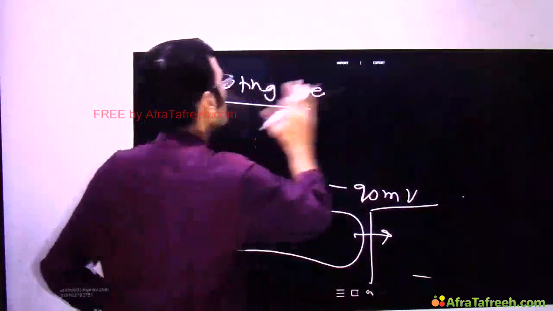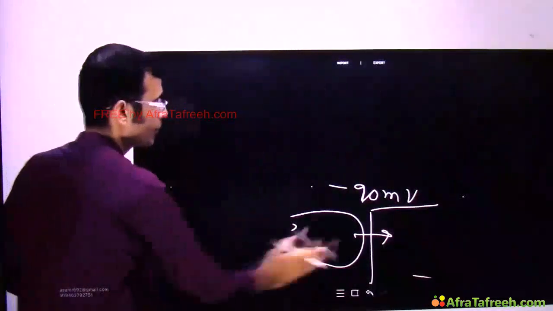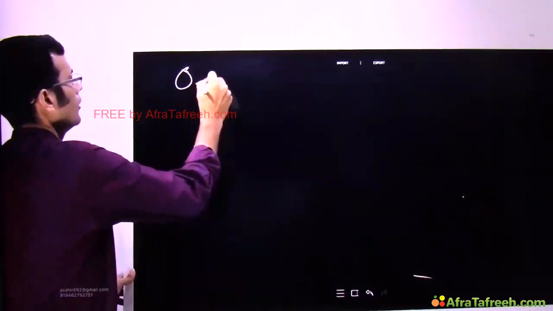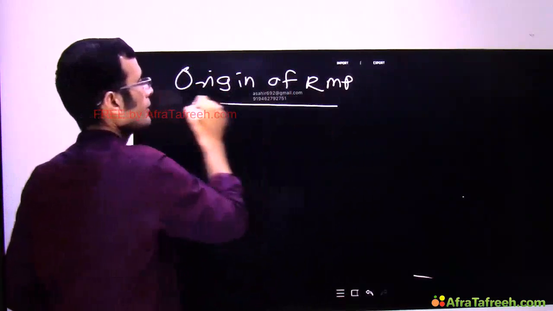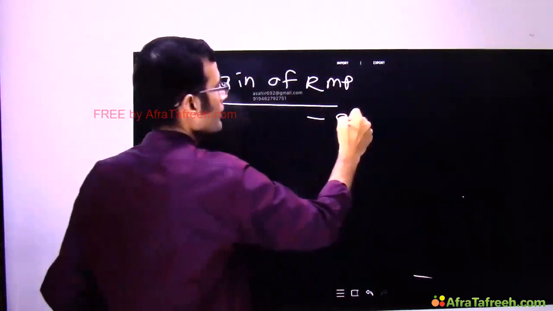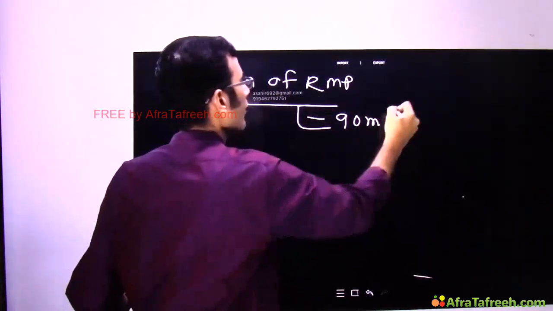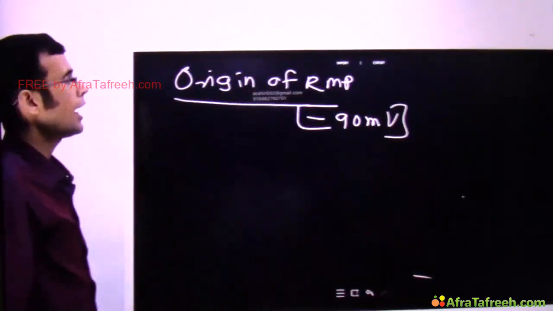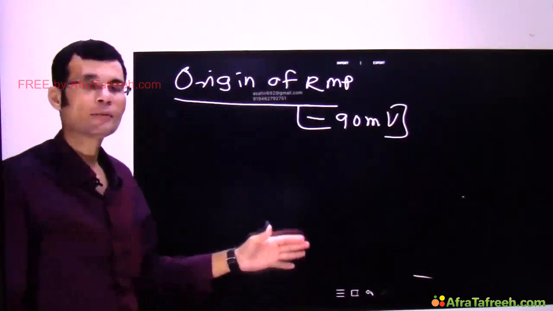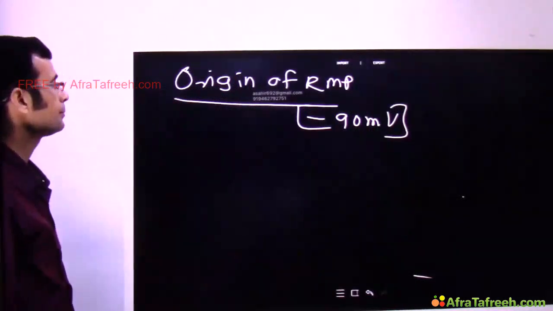Let us see the origin of resting membrane potential. Origin of this resting membrane potential of minus 90 millivolts. Let us consider the value for skeletal muscle. That's minus 90 millivolts. How this minus 90 has come on the skeletal muscle membrane?